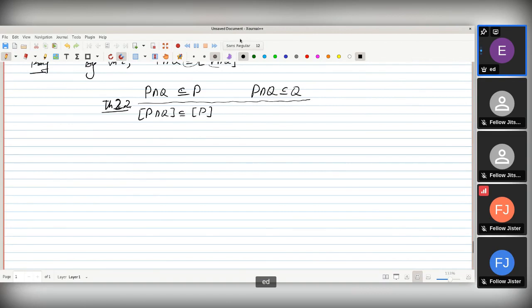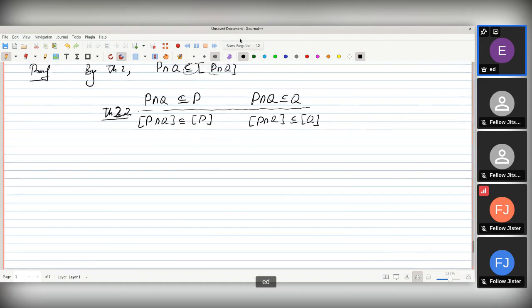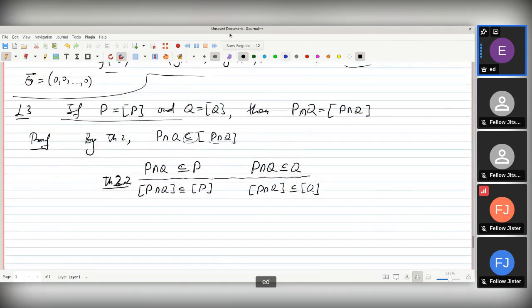So the closure of this set is included into the closure of P. And likewise, the closure of this set is included into the closure of Q. But you know, P and Q are closed sets.